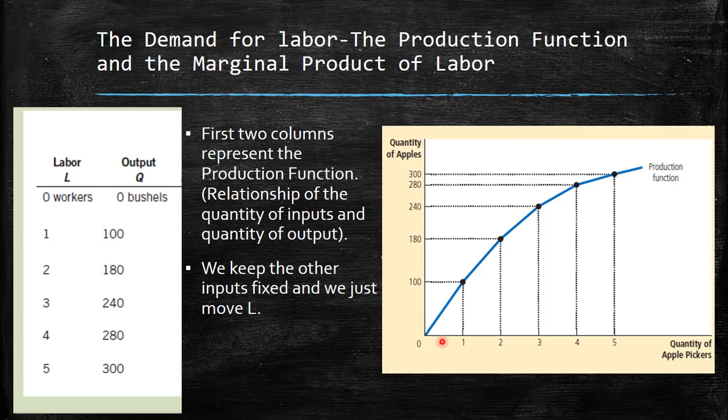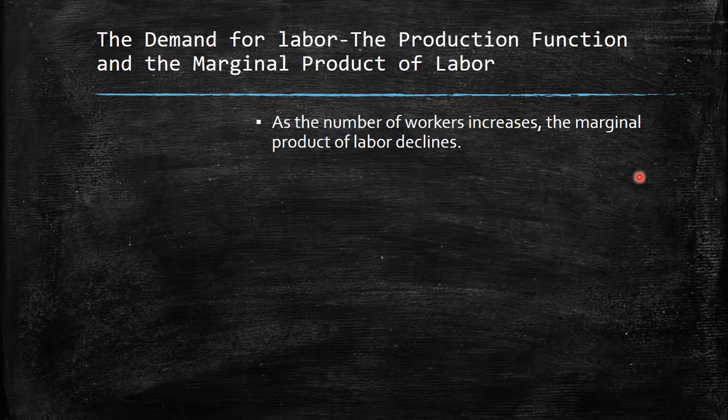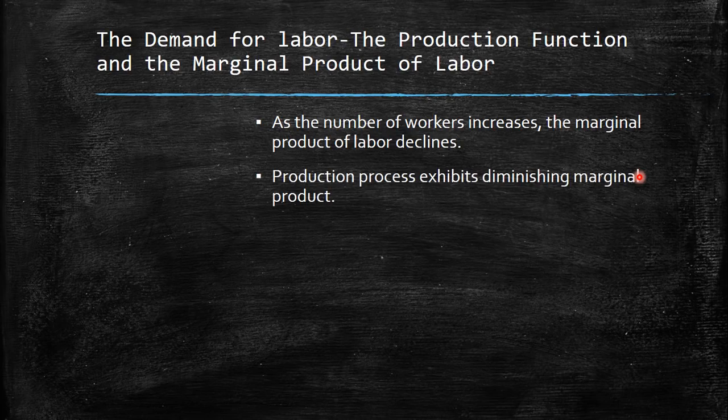Okay, so this is the form of that, and this decreasing slope is what we call, again, diminishing marginal product of labor. As the number of workers increases, the marginal product of labor declines, as we saw before.